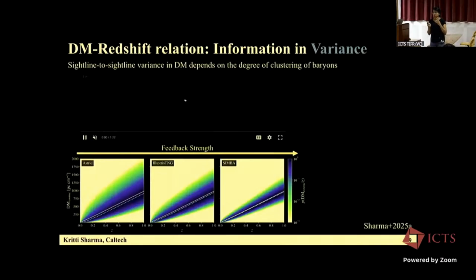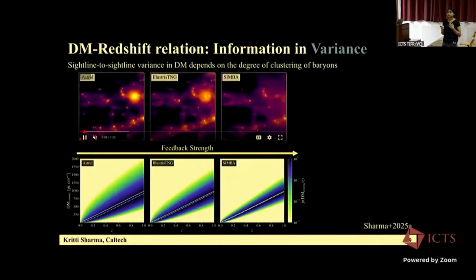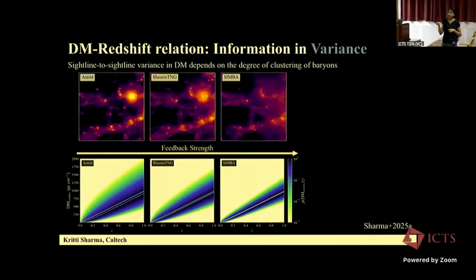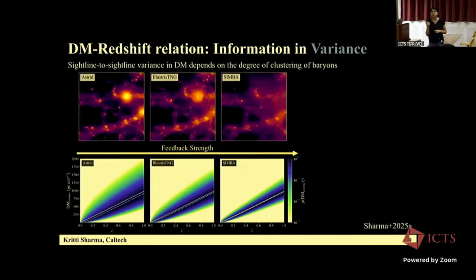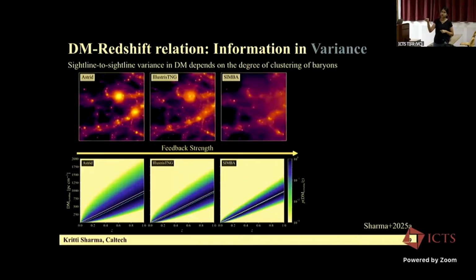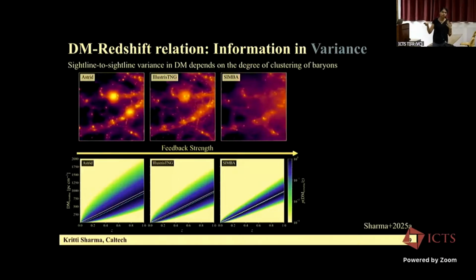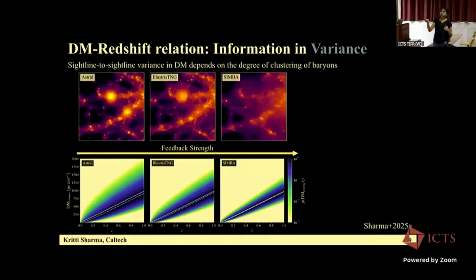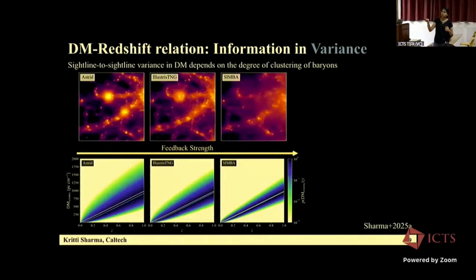The second observable, which is of primary interest to me specifically, is the variance or the spread in the DM-z relation. I discussed this yesterday as well. Here I'm showing 3 different hydrosimulations: Astrid, IllustrisTNG, and Simba. Each of them has different underlying feedback physics implementation. Going from Astrid to Simba, you have stronger feedback strength.